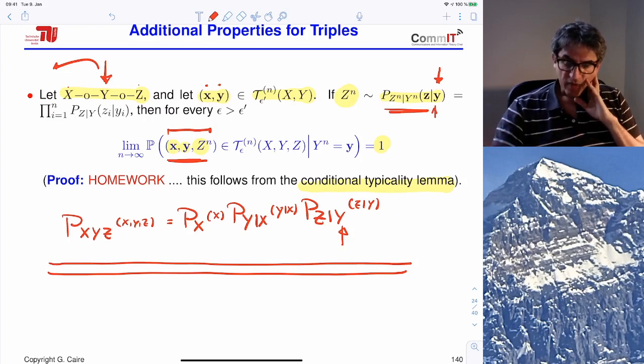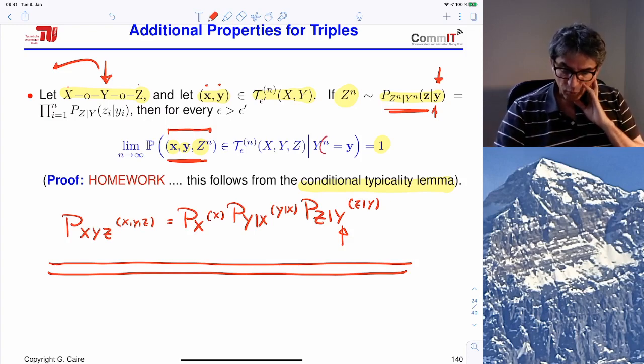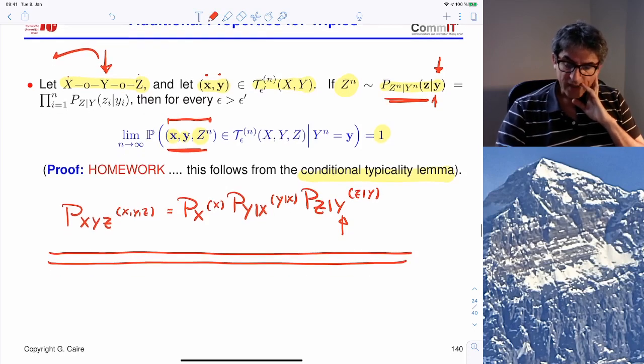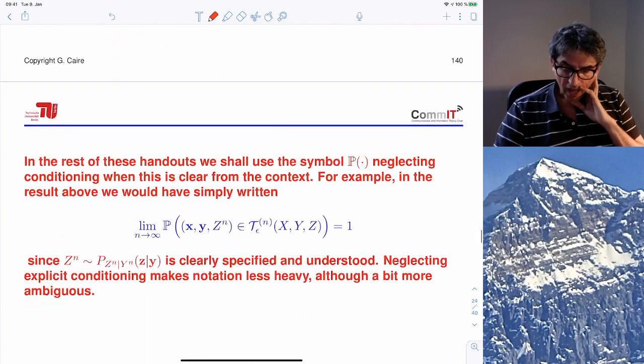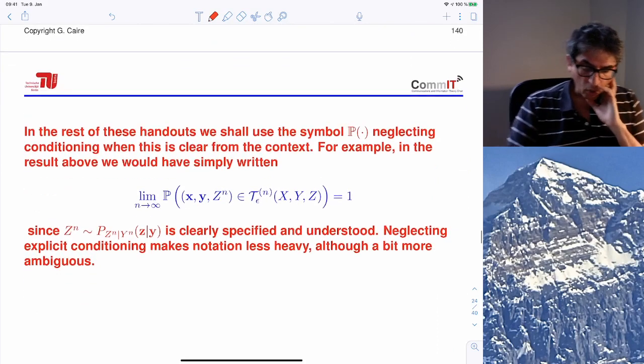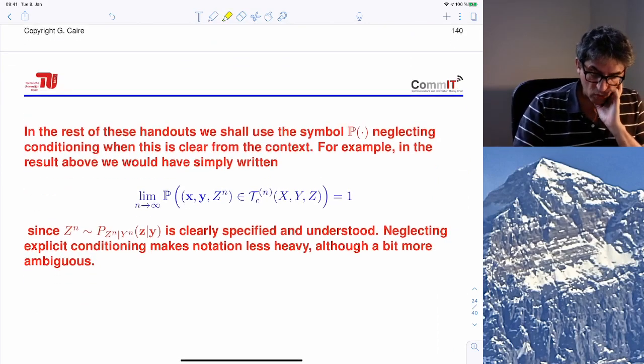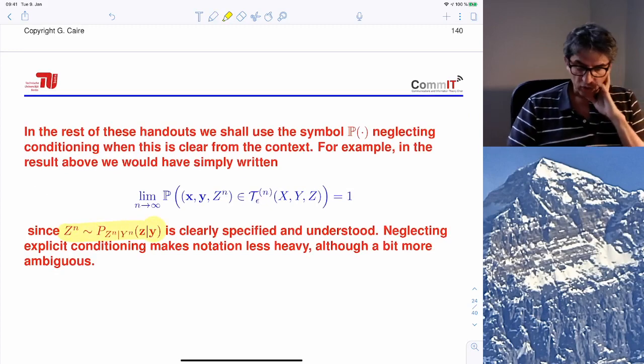To be very precise, I have to put the conditioning, but because otherwise the notation becomes very cumbersome, when it is clear from the context, I would simply write this without the conditioning, and we know from the context that z is generated according to this conditional distribution. Okay.